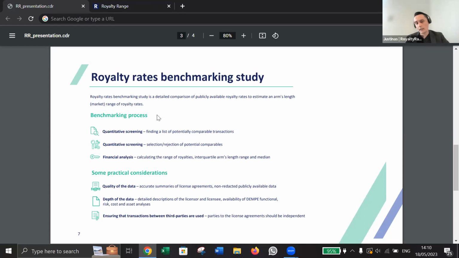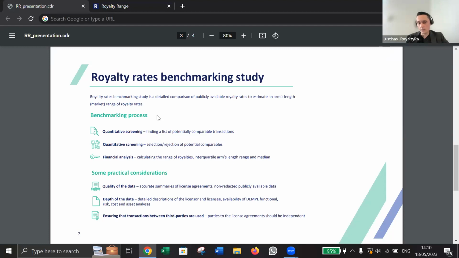And of course, the level of detail. To make a comparability analysis, we need to have data as detailed as possible. From the descriptions of the owner of the IP, licensor, and licensee to the DEMPE functional, risk, cost, and asset analysis, these things are really important.